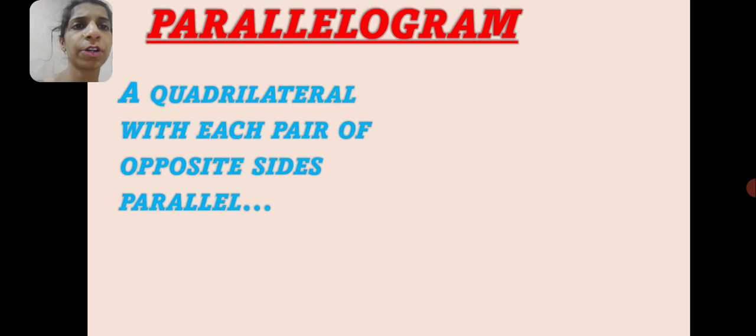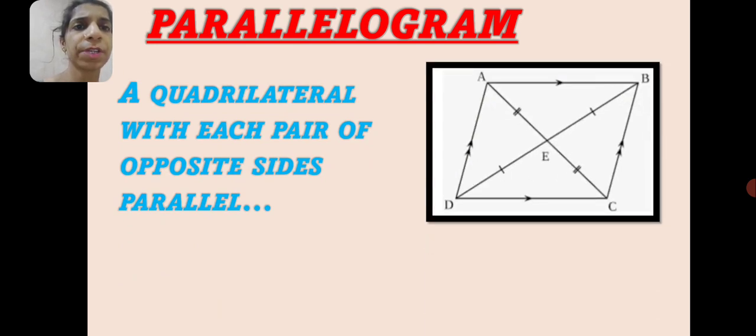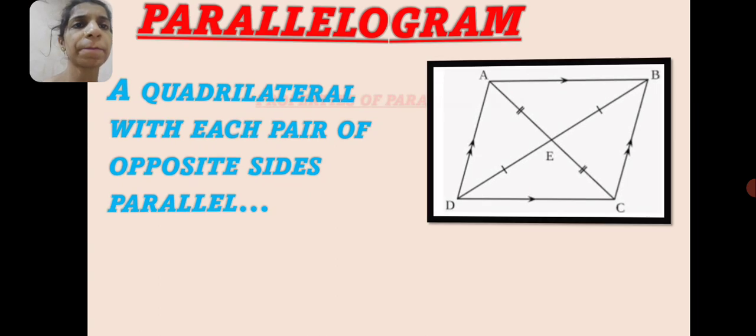Let's talk about the parallelogram, a quadrilateral with each pair of opposite sides parallel. This figure is a quadrilateral with each pair of opposite sides parallel to each other. Let's talk about the properties of a parallelogram.